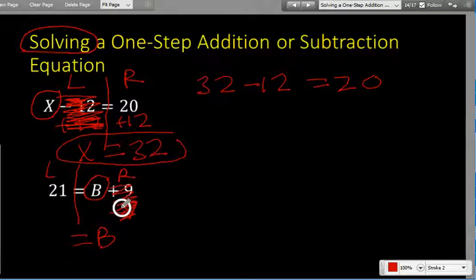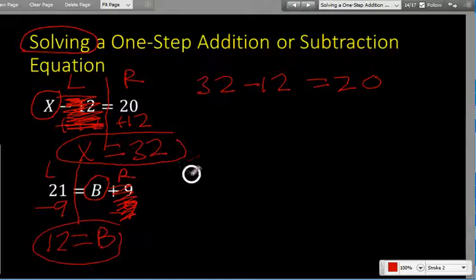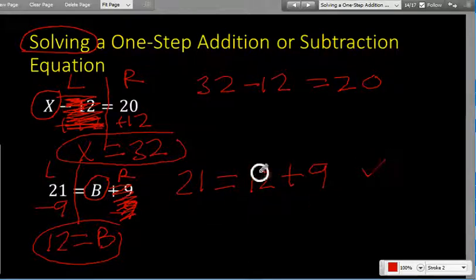And because we subtracted 9 on the right side, we also have to subtract 9 on the left side so that we can keep the equation equal. 21 minus 9 is 12. Okay, b equals 12 is our solution. And whenever you're solving an equation, you should always check to make sure that your solution does make the equation true. We know that 12 plus 9 is 21.